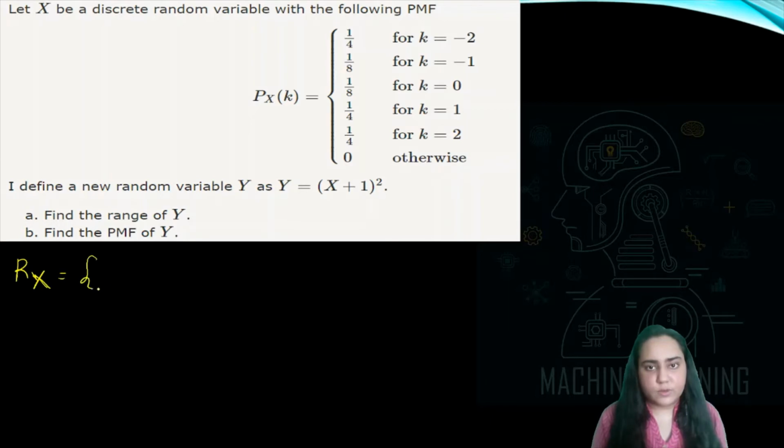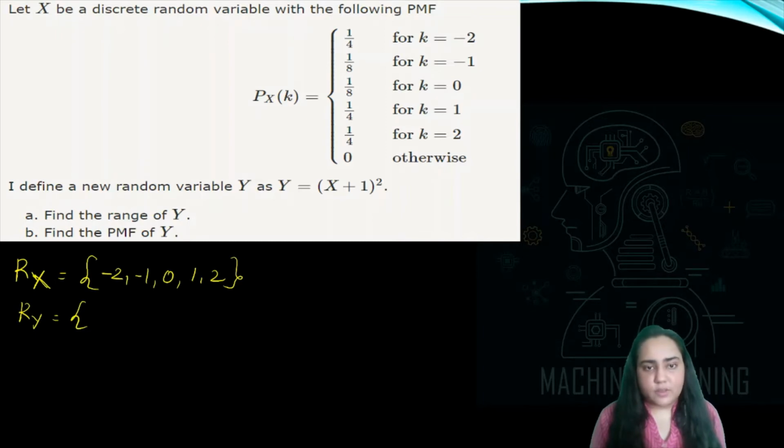So let's just put the range of x. x has range -2, -1, 0, 1, and 2. So this is the range of x. Now if I have to find the range of y, I have to calculate it by placing all these values of x inside.